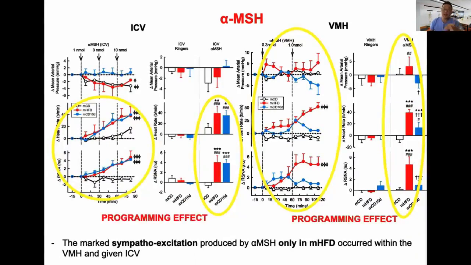And this is clearly a programming effect. Again, this is all due to the mother's high-fat diet causing the changes in the blood pressure, heart rate, and renal sympathetic nerve activity in the offspring in adulthood. Importantly, these animals had no exposure to the high-fat diet after they were born or after they started eating solid food by themselves.